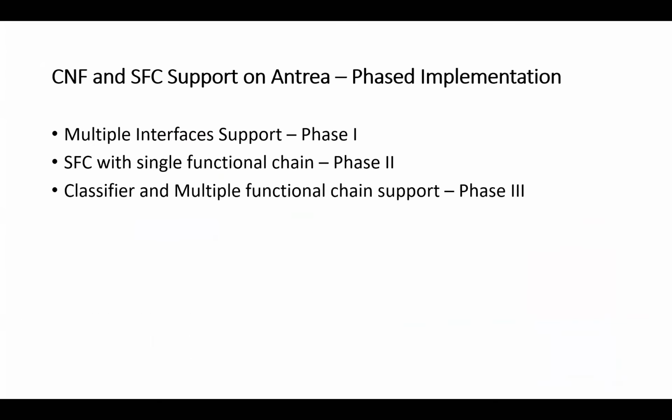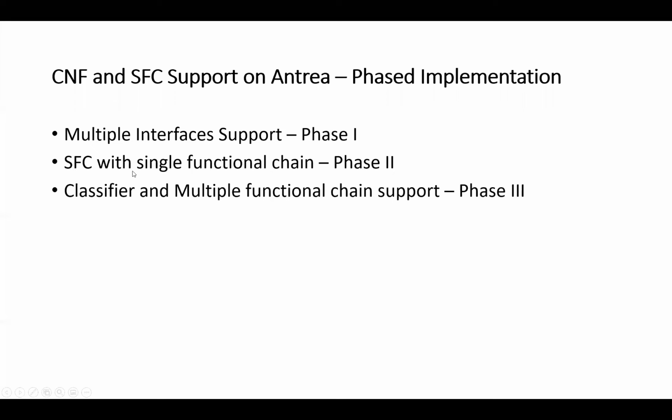We're going to take a phased approach in this implementation. One of the base requirements for us to support the SFC is multiple interface support, so we are taking that as the phase 1 implementation on Antrea. Once that is achieved, we will enable support for SFC with a single service function chain.